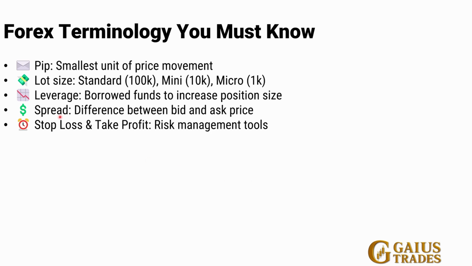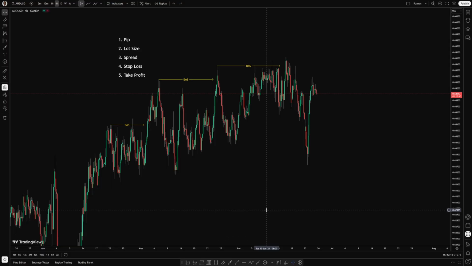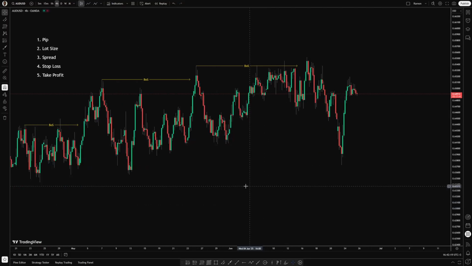Okay, spread is the difference between the bid and ask price. On these live charts, I want us to discuss further about pip, lot size, spread, stop loss, and take profit.